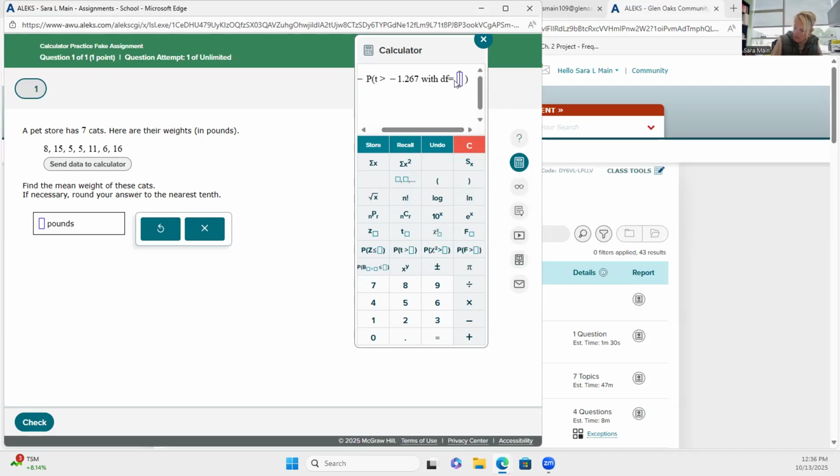And degrees of freedom is 7 in letter C. And that likelihood is 0.1228.